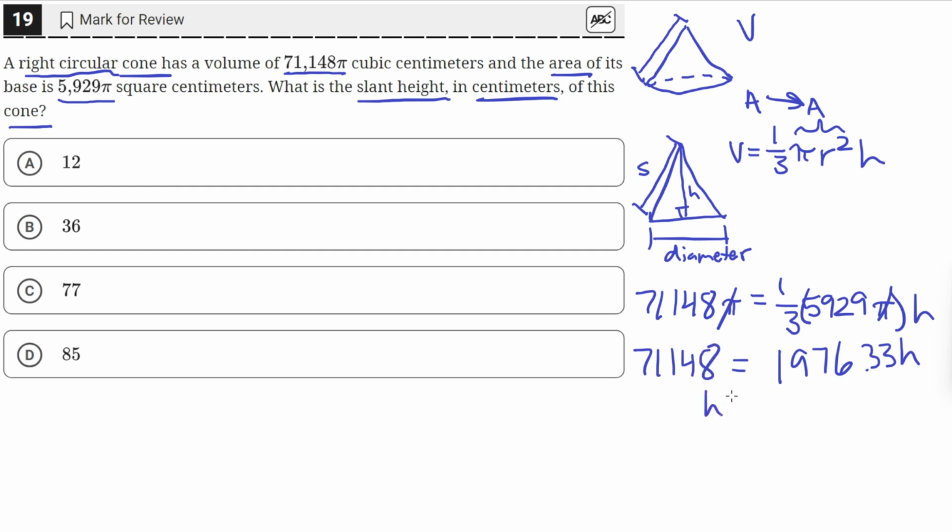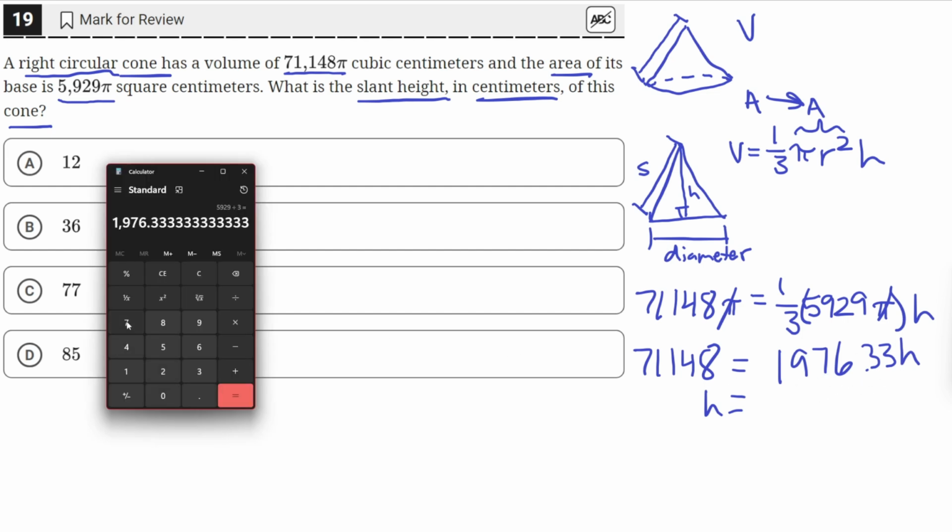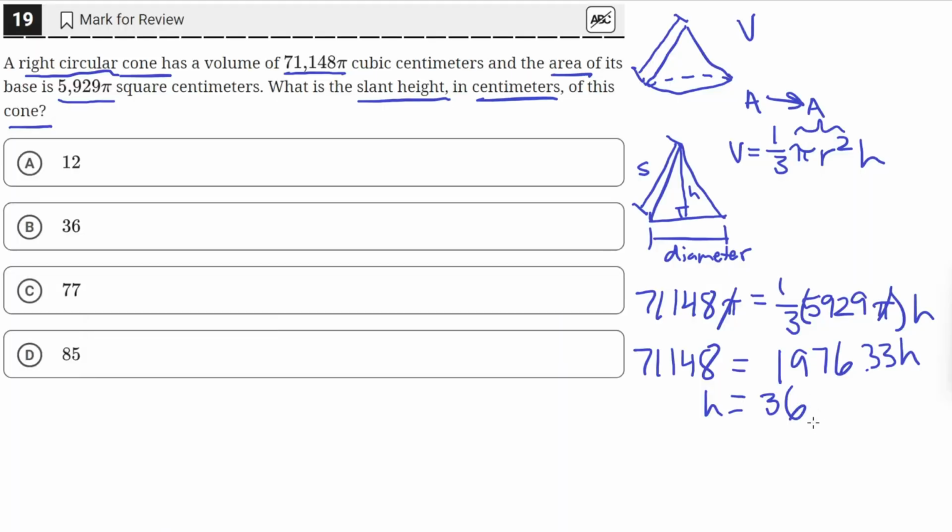So then, to find the value of h, we can divide this quantity by this coefficient. 71,148 divided by 1,976.33, and we get basically 36. We can just round since there are so many zeros here. So now we have the height of the cone.